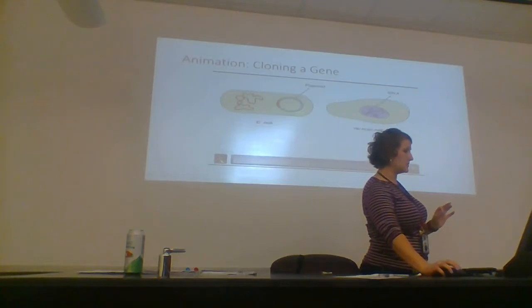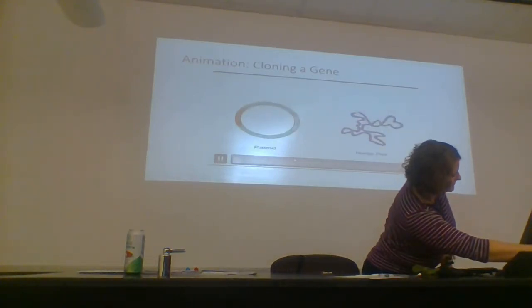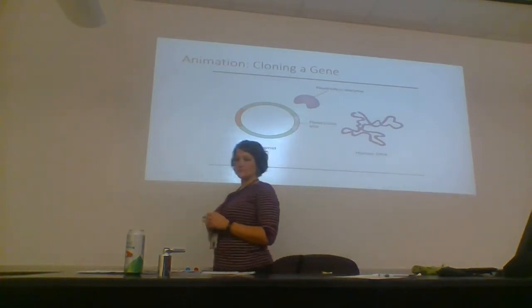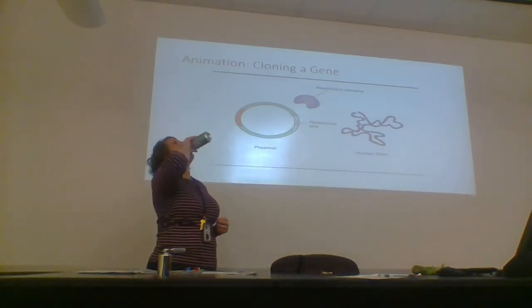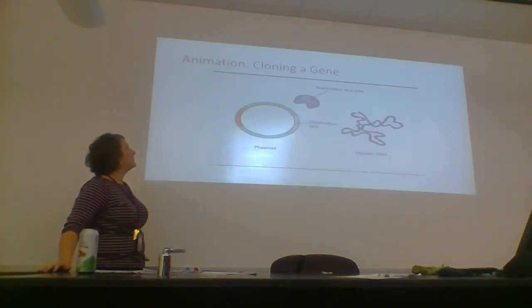Okay, a little animation on this one to maybe explain it a little better. To recombine and copy genes, a restriction enzyme is used to cut open a plasmid, a small circular DNA molecule obtained from a bacterium. The plasmid serves as a cloning vector.